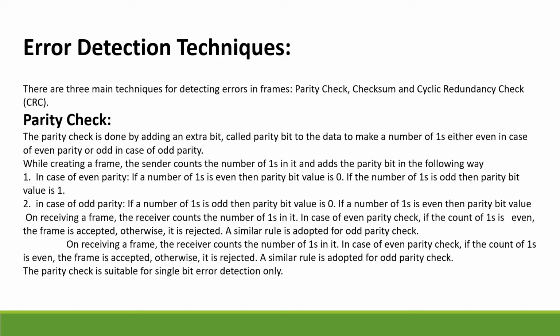In case of even parity, if the number of ones is even, then the parity bit value is 0. If the number of ones is odd, then the parity bit value is 1.